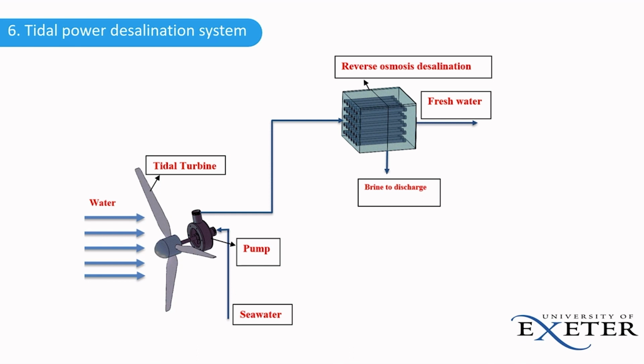When we put a tidal turbine in the sea, it can convert movement of the water to useful energy. With that useful energy, we can power a pump, and with a pump, we can provide the required pressure to the reverse osmosis desalination system for making fresh water.